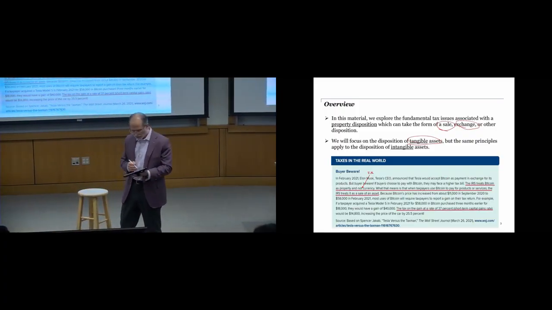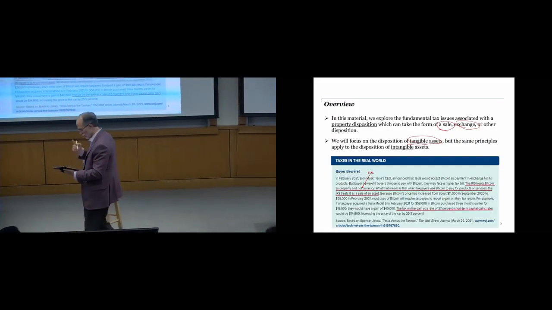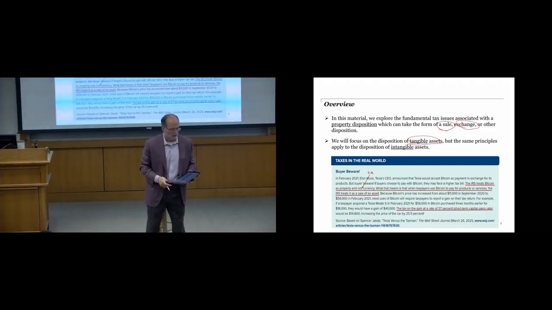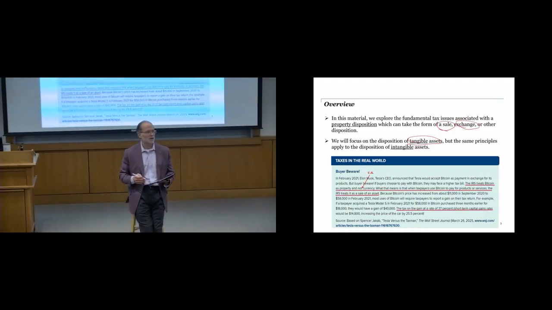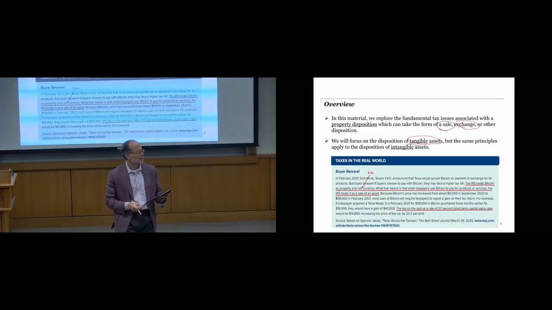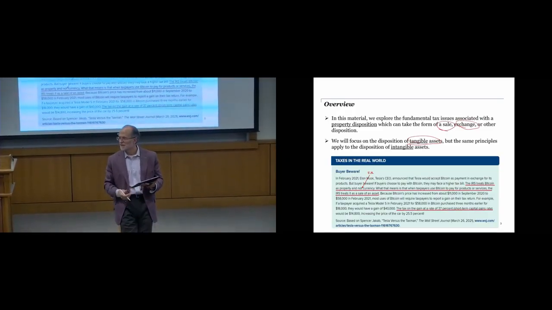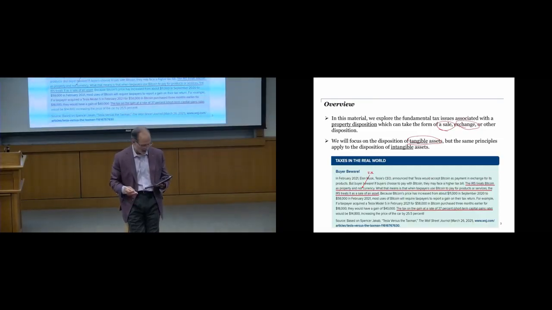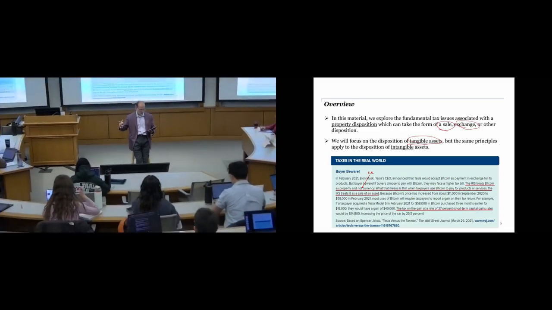So this Taxes in the Real World article, I think, is a good one. I don't think people are focused on this as much, and I'm sure some people, hopefully nobody in this audience, have some latent tax issues on things they've done in the past. In February of 21, Tesla announced that it would accept Bitcoin as payment in exchange for its products.